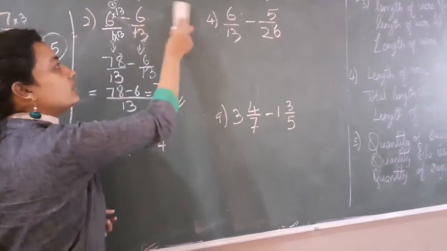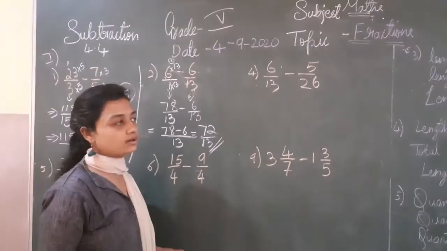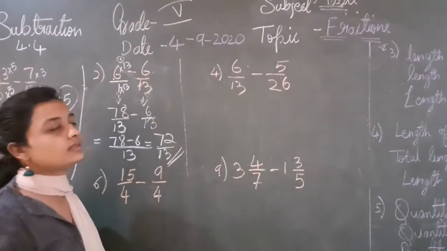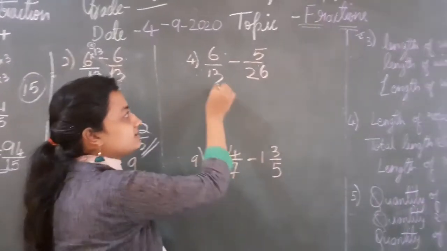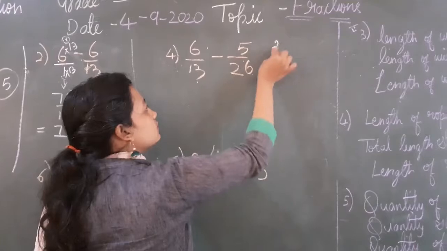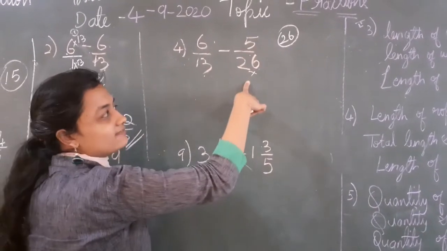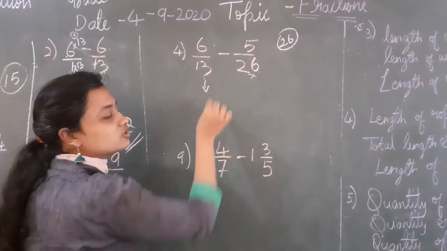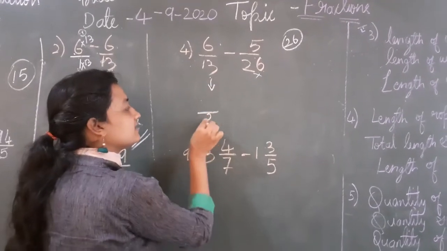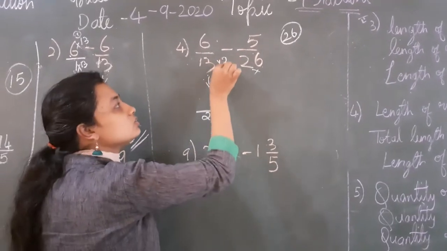Now let's go for the fourth one. The third one is your homework. Now go for the fourth one. You have 13, 26. And I know the LCM is 26. Again, no need of converting the second fraction. Only the first fraction I should convert. That is 26. When will I get it? Multiply 13 with 2.